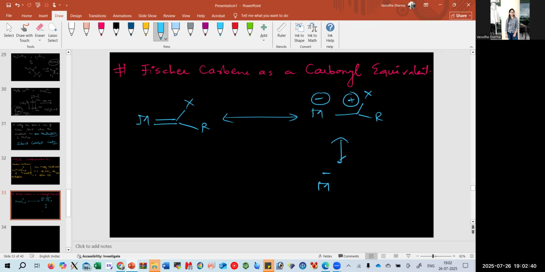And therefore, the lone pair, say for example if this is oxygen, X is OR, the lone pair comes and forms like this way, right?